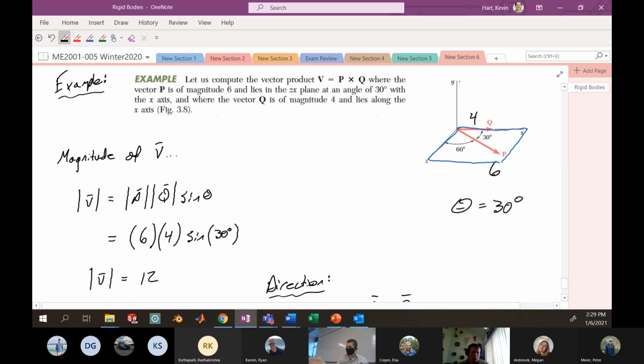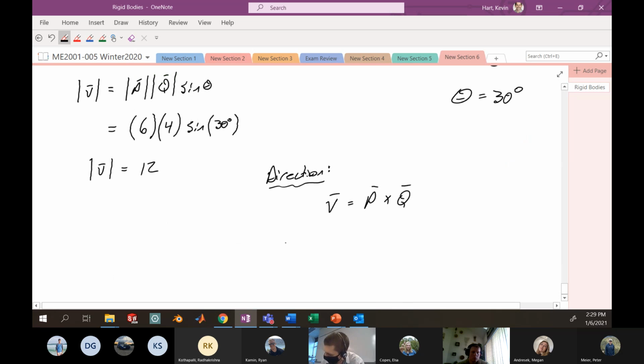Then I'm going to curl my fingers in the direction of Q, and we'll see here that my thumb is pointing in the positive y direction. Hopefully we can all envision this. So V will be in the positive y direction.